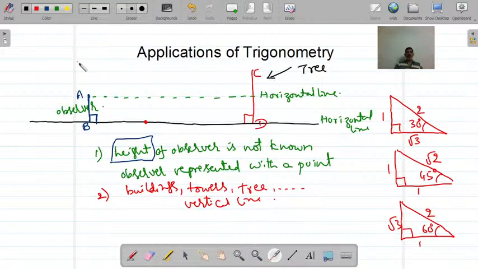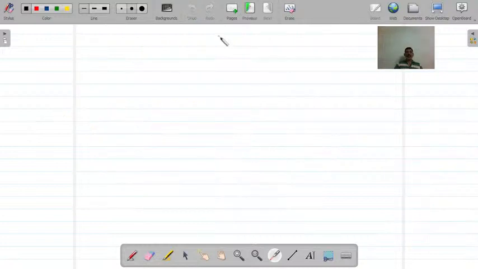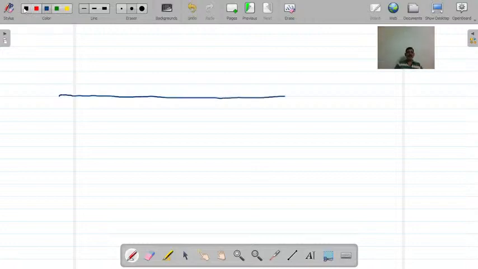Now mainly in this we have to talk about two things. One is angle of elevation and the other one is angle of depression. What do you mean by angle of elevation and what do you mean by angle of depression? Always, as we discussed earlier, the ground is denoted with a horizontal line, and this is the position of the observer.